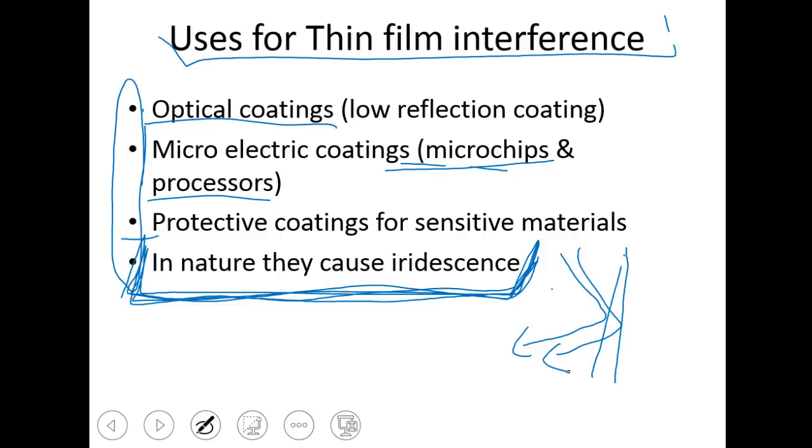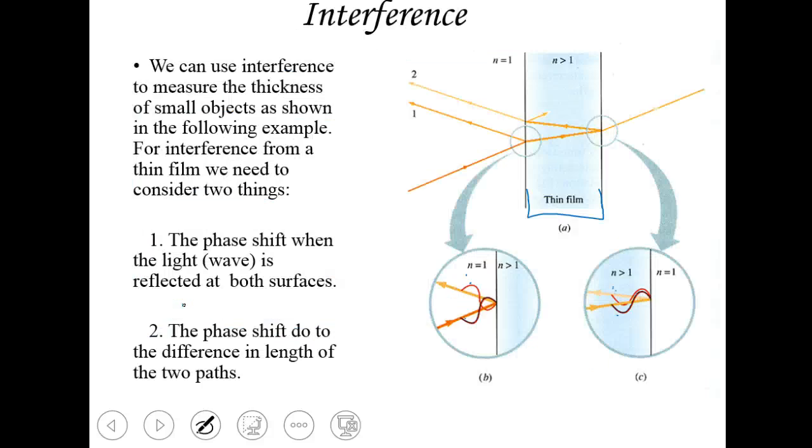We see this in butterfly wings a lot. Their cells are very, very thin on top of that wing to produce iridescence. Peacock feathers are another really good example of thin films in nature. In different animals, this is used for different things. It could be to blend in, it could be a mating display, depending on the animal.